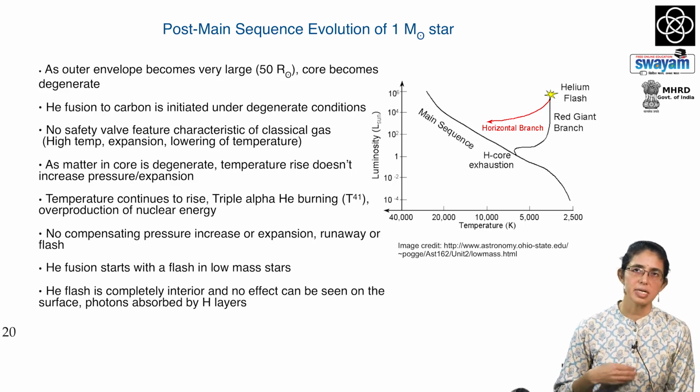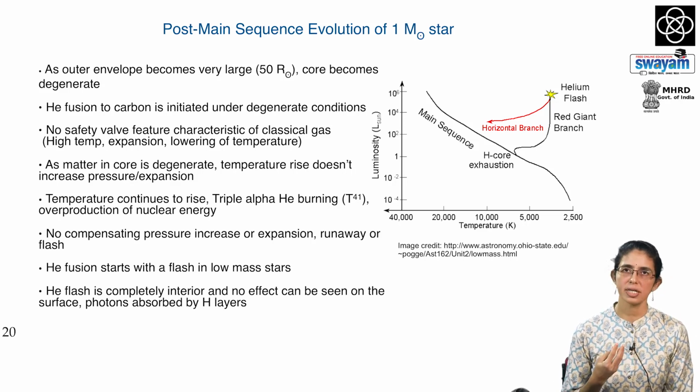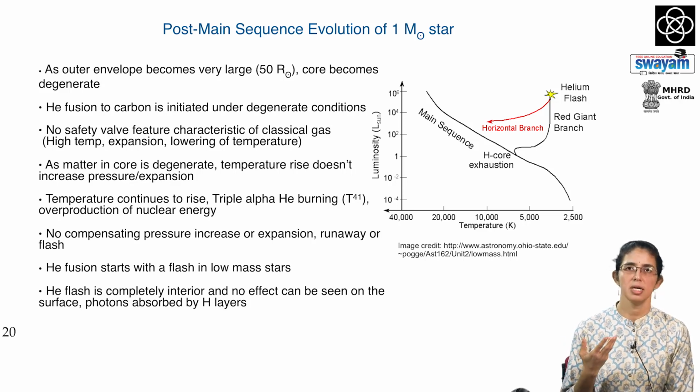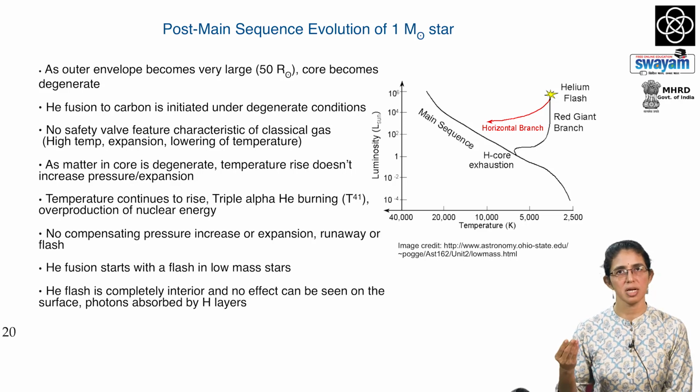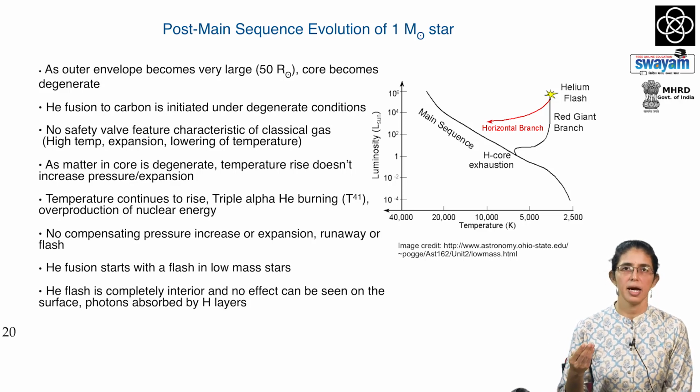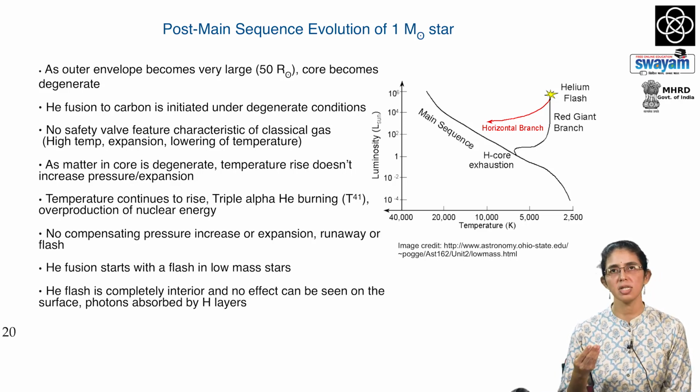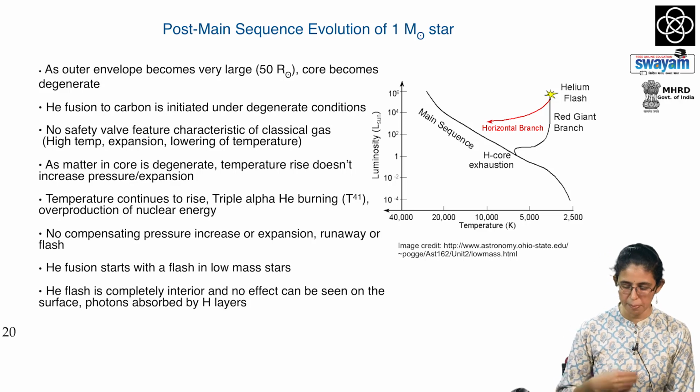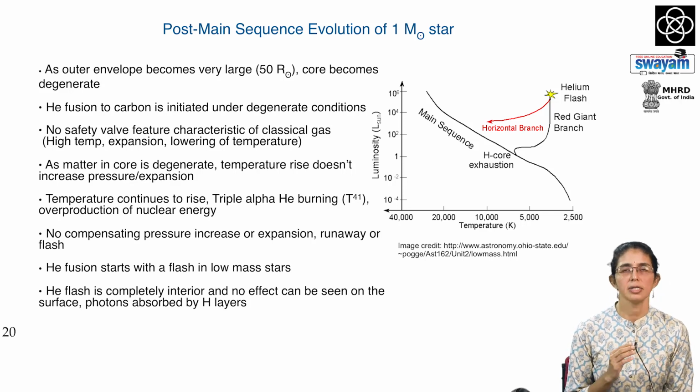Now, as the heat is increasing, the temperature in the core continues to rise, because this heat cannot be transferred outside the core. The amount of heat transfer is very little because of the weak temperature dependence, and this heat further fuels the rate of helium burning. When I say helium burning, I mean fusing of helium to carbon. And this reaction, particularly the fusing of helium to carbon, has a very high temperature dependence.